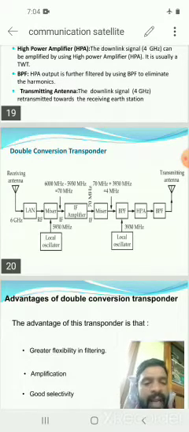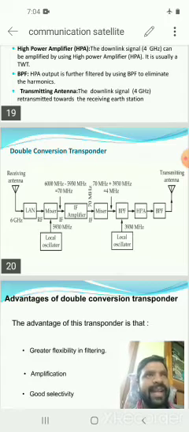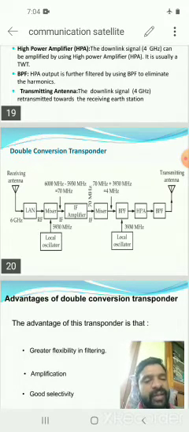Here a traveling wave tube amplifier is used to increase the signal strength. Then again it is given to a band pass filter, which limits the noise or unwanted signals, and these filtered signals are given to the transmitting antenna. The transmitting antenna radiates into free space towards the earth station. In this way the double conversion transponder is used.